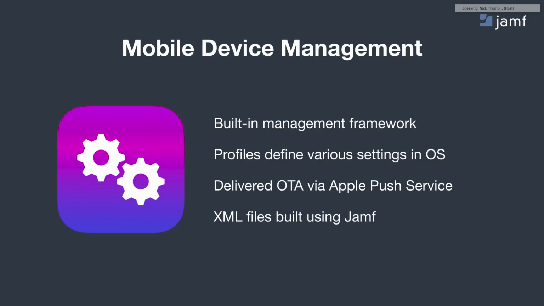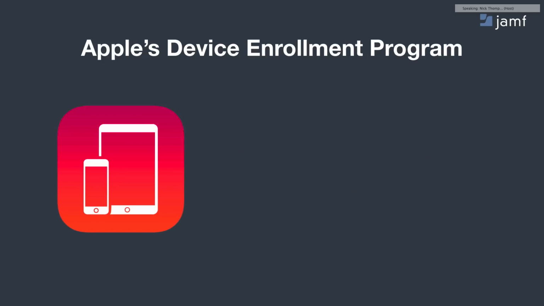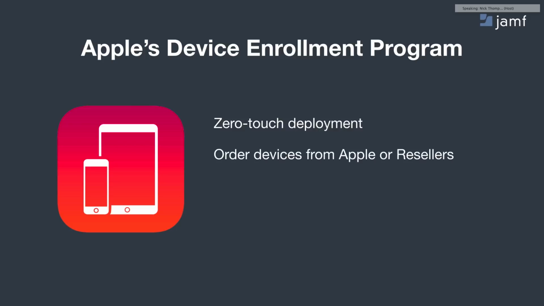The next service that I want to highlight from Apple has to deal with how you deploy devices. And this is known as Apple's Device Enrollment Program, or DEP, as you may have heard it as an acronym. And this is really zero-touch deployment. It allows you to order devices from Apple or from resellers and have them be automatically enrolled during setup.